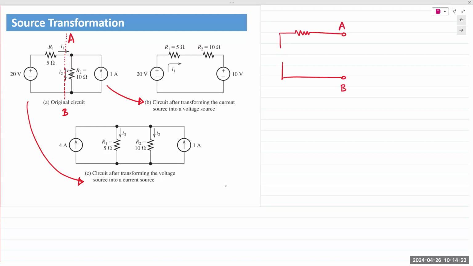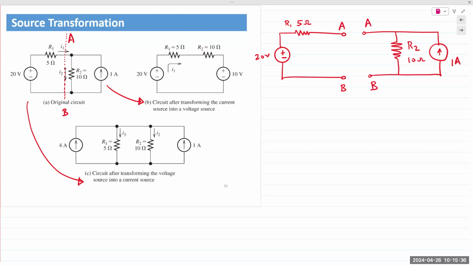So the voltage source and the resistor in series, which is R1, 5 ohms, 20 volts, are disconnected from the nodes labeled A and B. Okay, disconnected from the nodes that are labeled A and B. And then on the other side, of course, we have the 1 amp current source in parallel with R2.